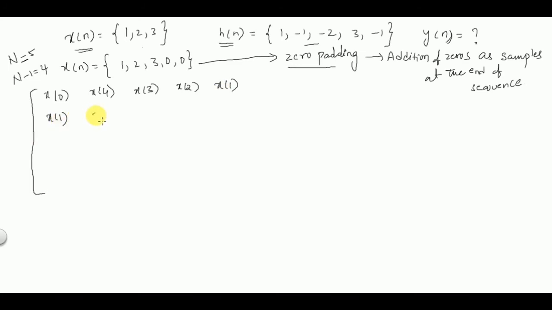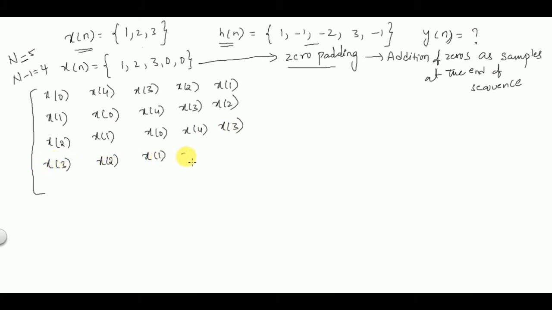So x of 1, x of 0, x of 4, x of 3, and this is x of 2. Next x of 2, x of 1, x of 0, x of 4, and this is x of 3. Similarly x of 3, x of 2, x of 1, x of 0, and this is x of 4.